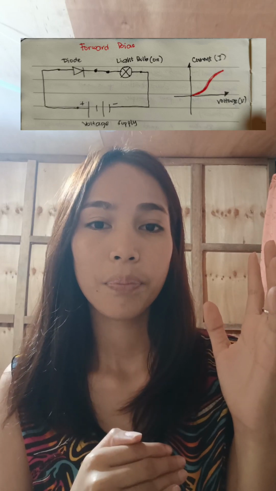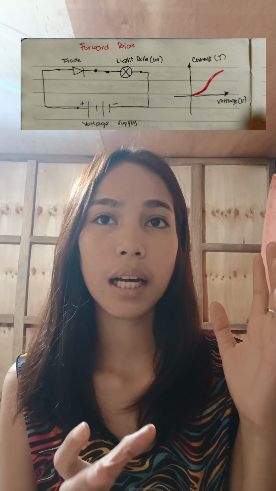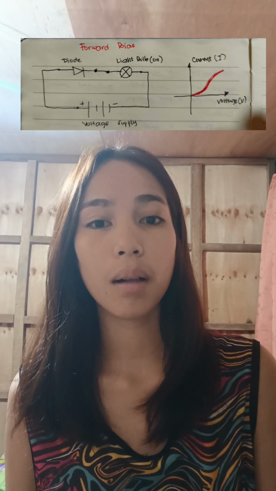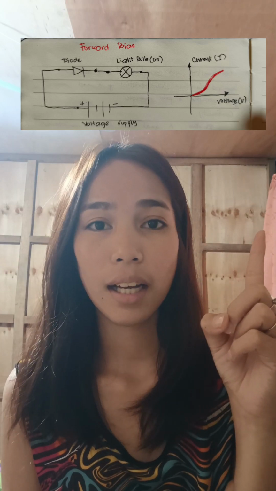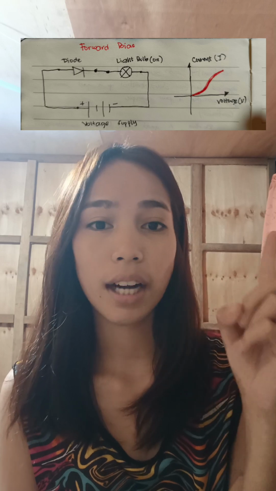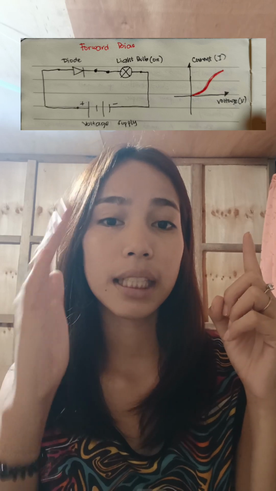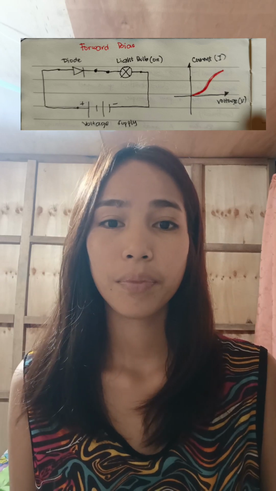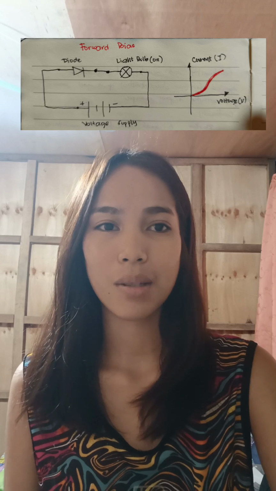That is why the diode allows the current to pass through the circuit, which is why the bulb lights up. And you can see beside the circuit, which is the graph, showing that the current increases rapidly after a certain voltage, showing that the diode conducts in forward bias. So, taas ang iyahang current.